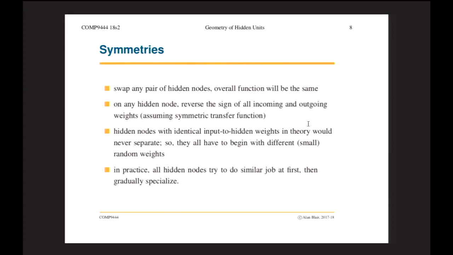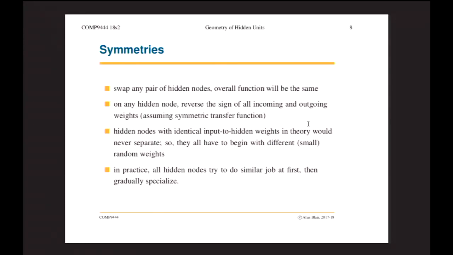So where were we? With those 10 hidden weights, I can permute the weights any way I want, and I can also reverse the sign of any particular weight. I can permute the hidden nodes any way I want, and I can reverse the sign of any particular hidden node.